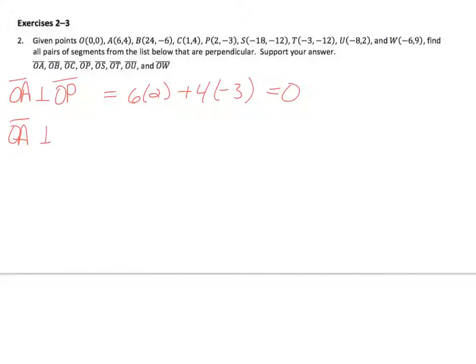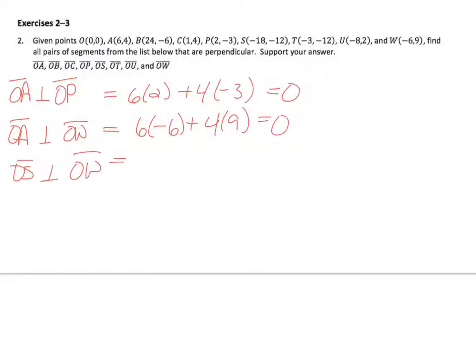OA perpendicular to OW. That is because I've got 6 times -6 and 4 times 9. Cool. How about OS perpendicular to OW? -18 times 6 plus -12 times 9 is also equal to 0. And we could go on, okay? You would need to test all of these. I think you get the picture though.